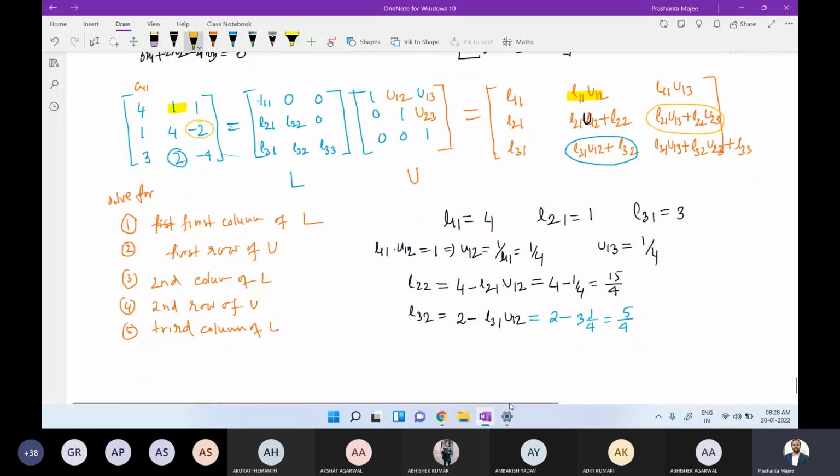So U23 will be 1 by L22 into minus 2 minus L21 U13. Simplify and tell me how much you are getting.